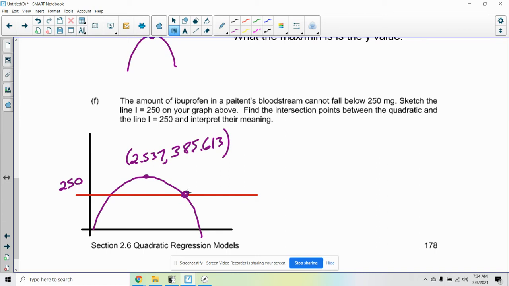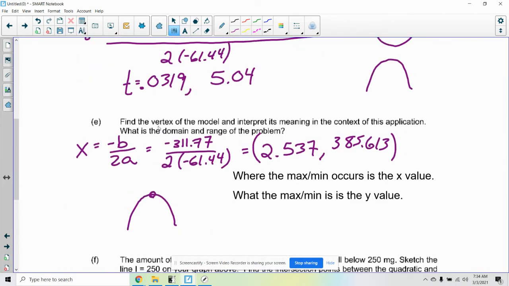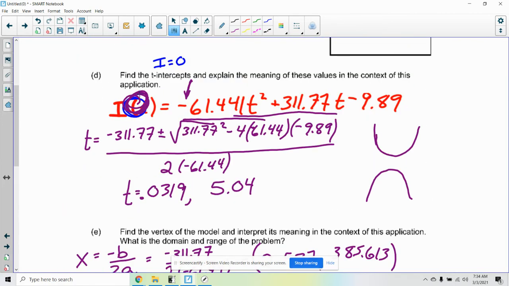Just like before, we're setting our equations equal to values. We're plugging values for specific variables and solving for the remaining one. So I just want to know, what is t going to be? How long until ibuprofen is 250? So I'm just going to take this equation and plug in 250.